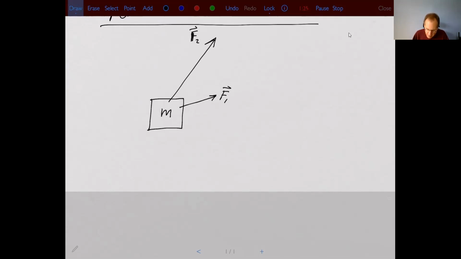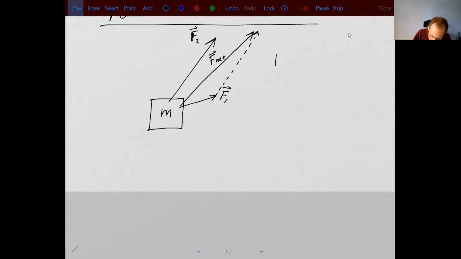I need to add tip to tail. So I would move the tail of F2 to the tip of F1, so it looks something like this. Then I would draw a vector from the tail of the first, F1, to the tip of the last one, like this, and that would be my net force.